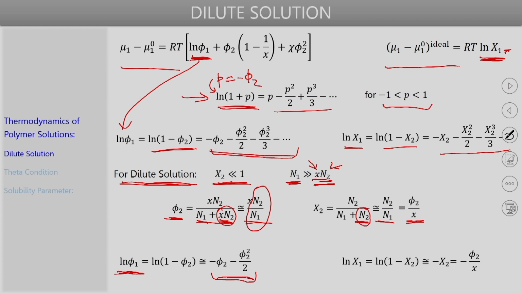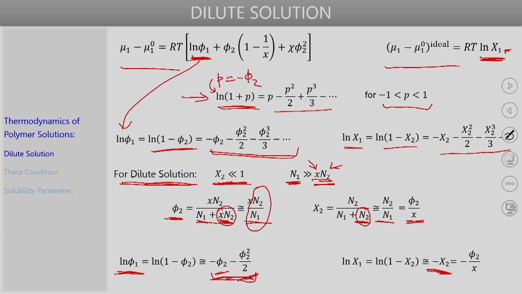For the case of ln x1, we are truncating this series only after the first term. So, we are not even considering the square and the cube and other terms. The reason we are truncating this only after the first term, whereas here we are considering two terms, is that x2 itself will be much smaller than phi 2. So, one can think of x2 as being comparable to the term phi 2 square, and x2 square will be comparable to phi 2 to the power 4 or of that order.